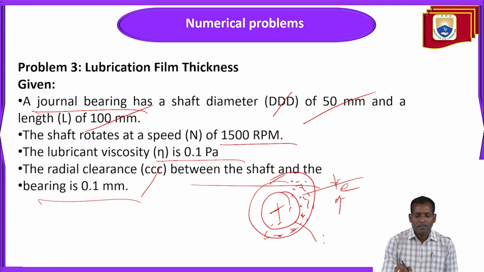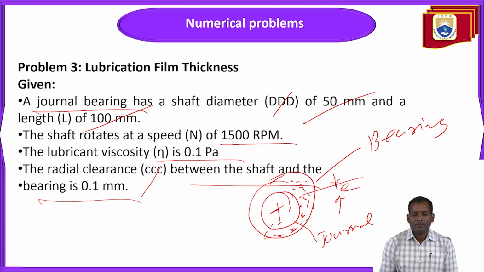This is called the journal and the bearing lining. The lubricant present inside has a viscosity of 0.1 Pascal second. Speed is also given, and the radial clearance between the shaft and the bearing is 0.1 mm.